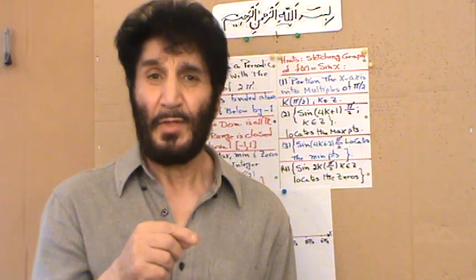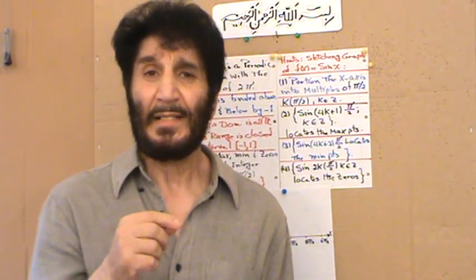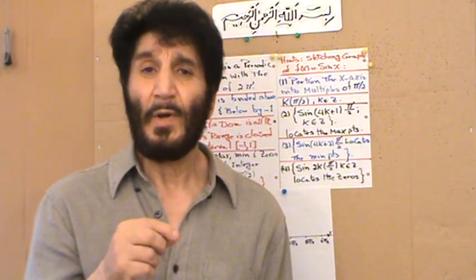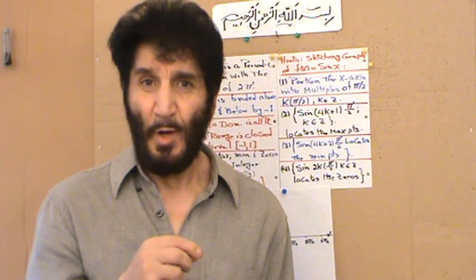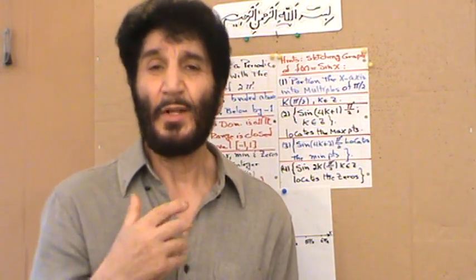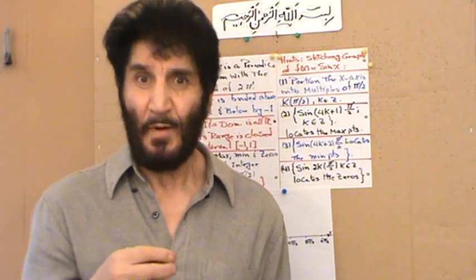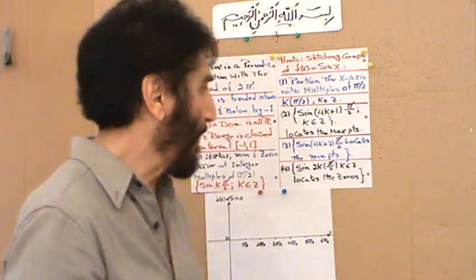And the zeros of the sine function occur at even multiples of pi over 2. So pi over 2 plays a very important role in better comprehending the graph of the sine function and also assisting us in sketching the graph of that.